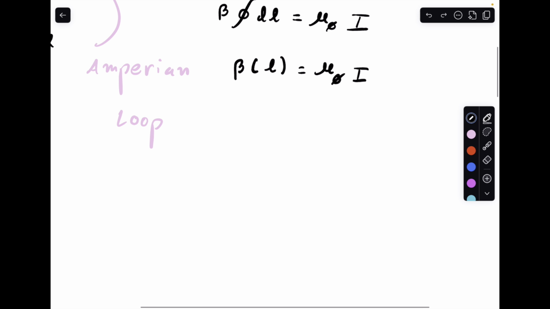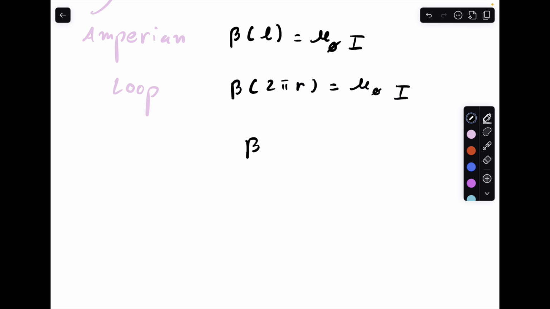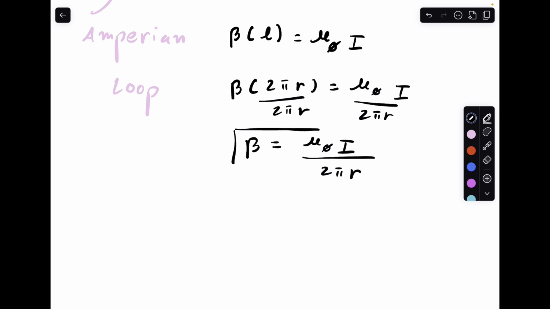So now I'll sub that in for L: 2 pi r is equal to mu naught I. Now I'll just divide out 2 pi r in order to get my magnetic field isolated, and I get that the magnetic field is equal to mu naught I divided by 2 pi r for a current carrying wire.